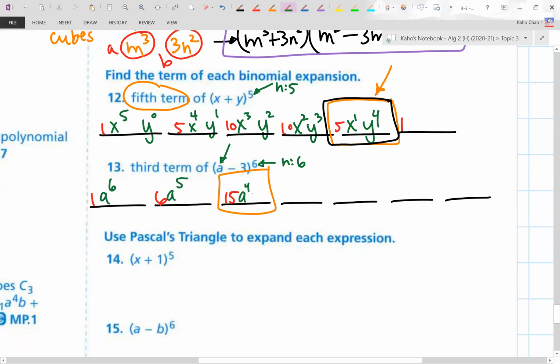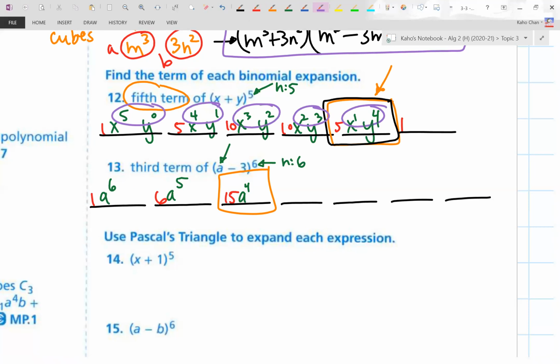And you notice something else interesting. The powers add up to n. Look at that, right? So if I put down the second half, -3, the power is going to be 2 because 4 plus 2 will give me 6. So after a while, you see these patterns, and boom, clean that up and you're done.